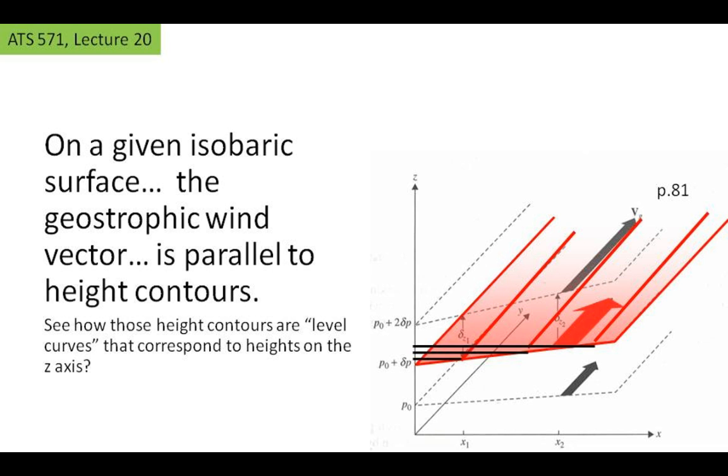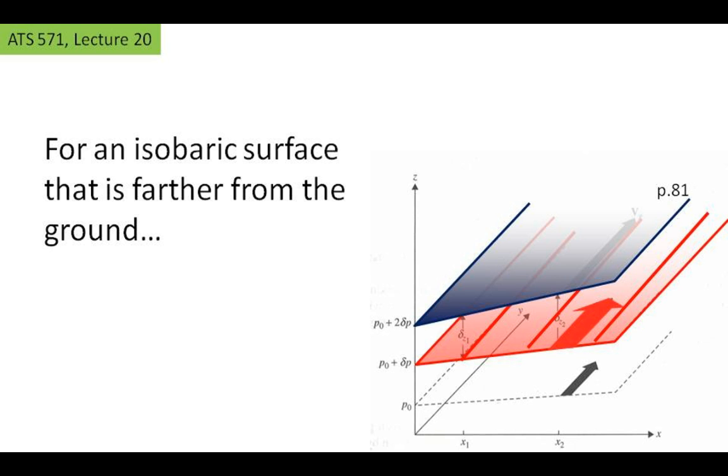Notice that those height contours there are nice little examples of level curves. That's just borrowing a term from calculus. I'm just trying to show you here that each of those red lines I drew on there is like where a particular height above the ground on the z-axis slices through our isobaric surface there. Anyway, so we have some height contours on this map on the red level there. Again, let's call that maybe 850 millibars.